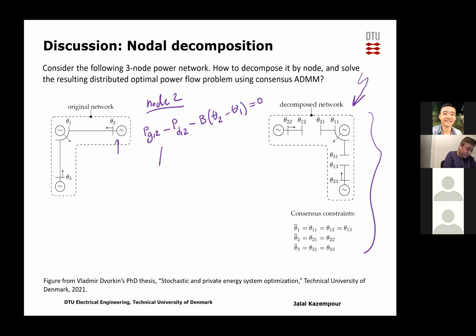Now, if we like to decompose our original OPF problem to 3 subproblems, 1 per node, let me write the subproblem for node 2 only. The same way you can write for nodes 1 and 3.